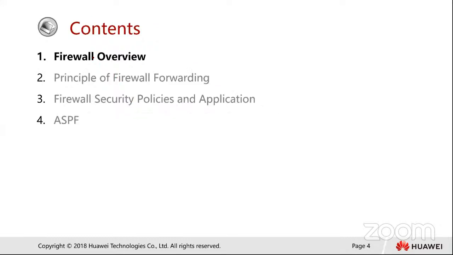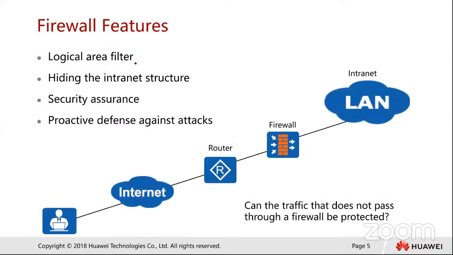Moving to the next slide, let us look at the firewall overview. We already looked at the firewall and we said originally a firewall was a wall that was built between houses to prevent fire from spreading. The firewall technology is an important part of security technology because in this course, we're going to discuss mainly hardware firewalls.